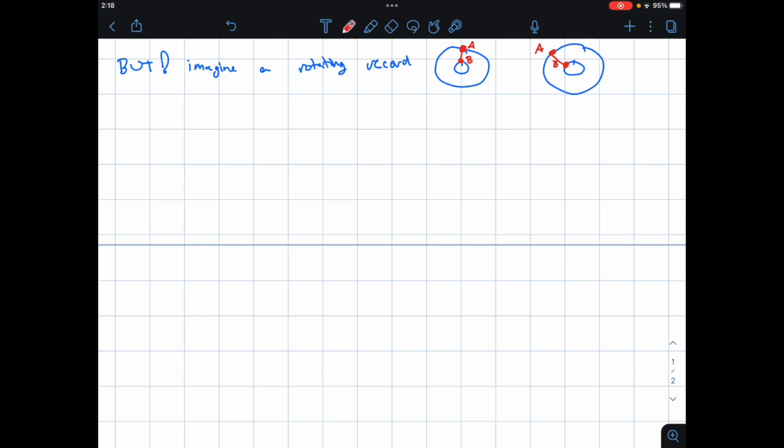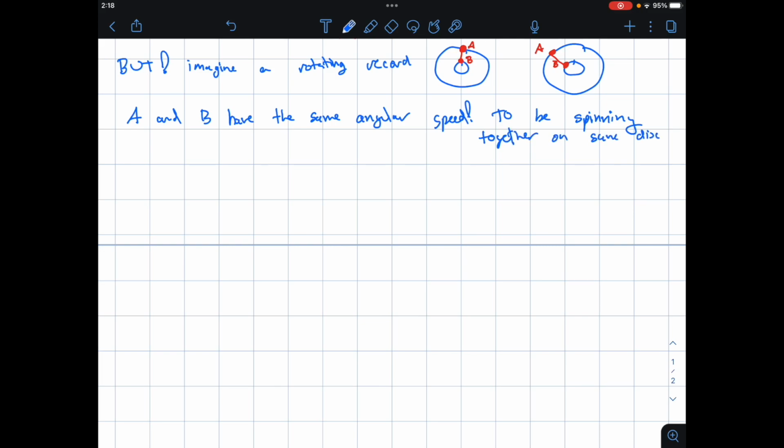And that means that A and B have to have the same angular speed, okay, to be spinning together on the same disk.